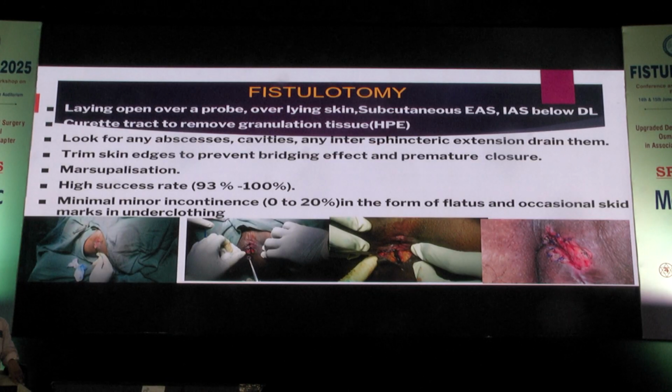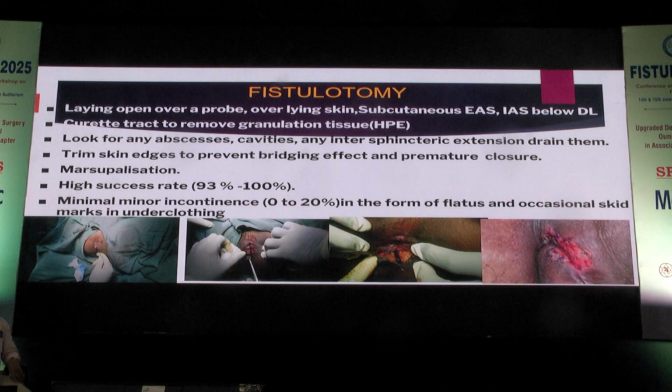Fistulotomy is laying open over a probe the overlying skin, subcutaneous tissue, external anal sphincter, and internal anal sphincter below the dentate line. Curette the tract to remove the granulation tissue and send the whole tract for HPE. Look for any abscesses, cavities, or intersphincteric extension, and drain them.